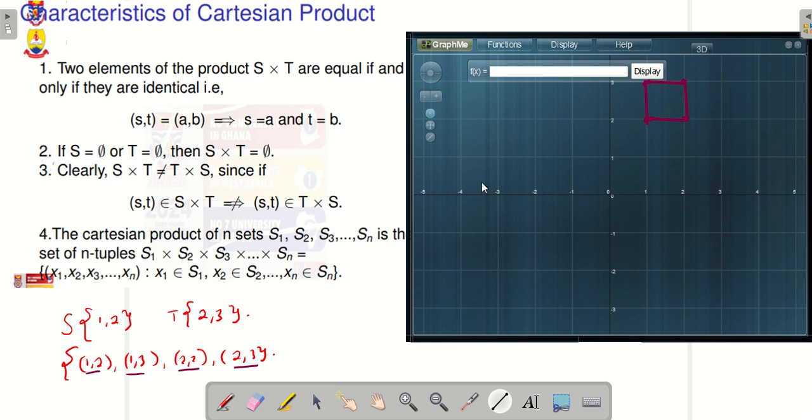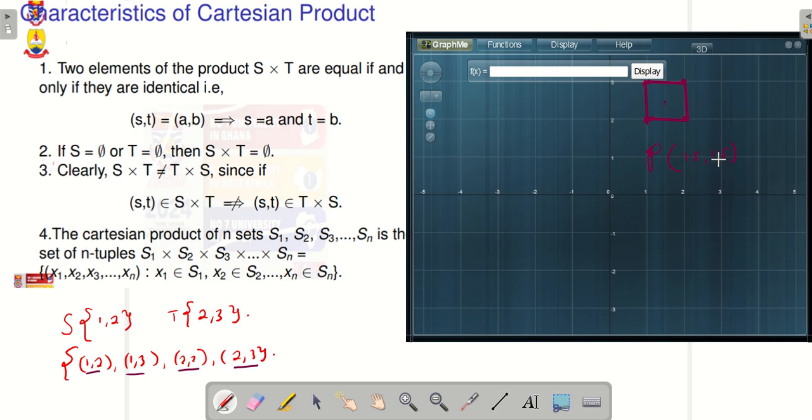The only way two points can be the same, for example, if I pick a point P in this rectangle, let's say 1.5, 1.5, this point will be in the rectangle.